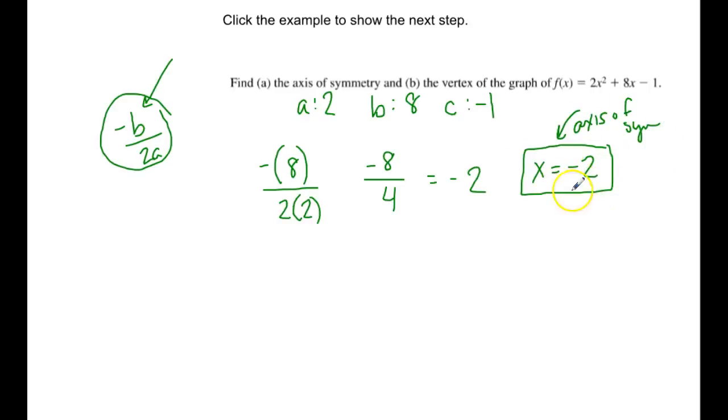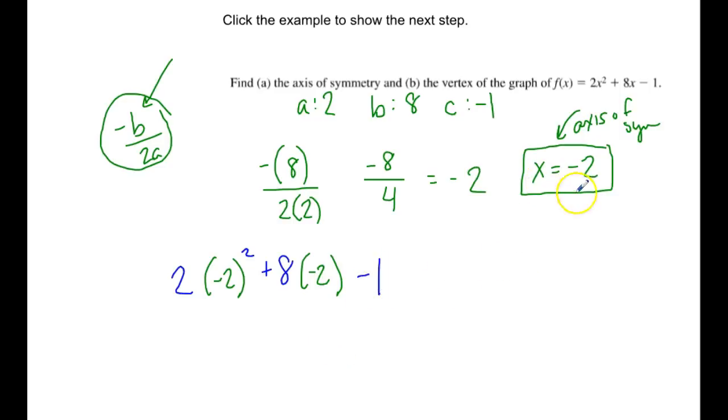Now I'm also going to take this x value and put it back into my equation. So now I've got, let me use a different color here, 2, and then my x was a negative 2 squared plus 8 times that negative 2 minus 1.